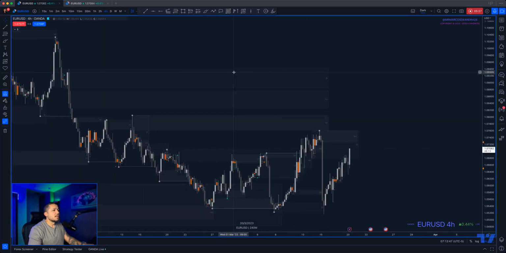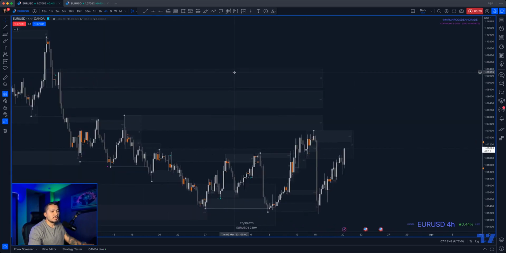The 4 hour is not much different than the daily. We just had this strong push. It would have been better, to confirm the bearish move, if we had the candle body close down here, but we didn't. So now price is still pulling back.